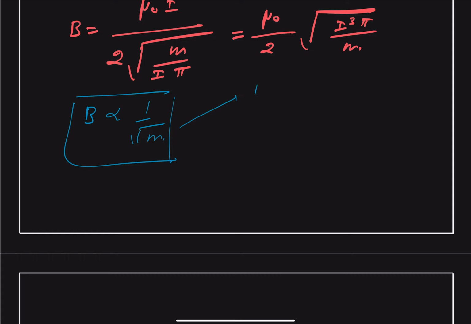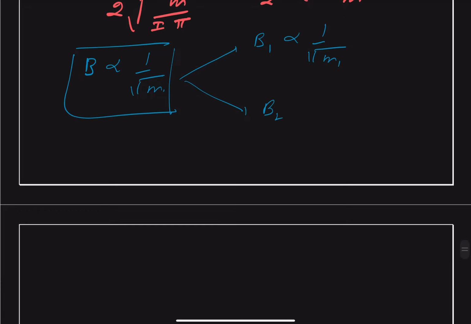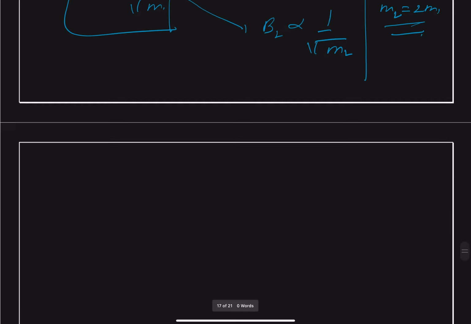We can write for our B1, which is proportional to square root of m1, and we can write it for B2, which is proportional to square root of m2. And we are given that the dipole moment is doubled, so that m2 is twice of m1.